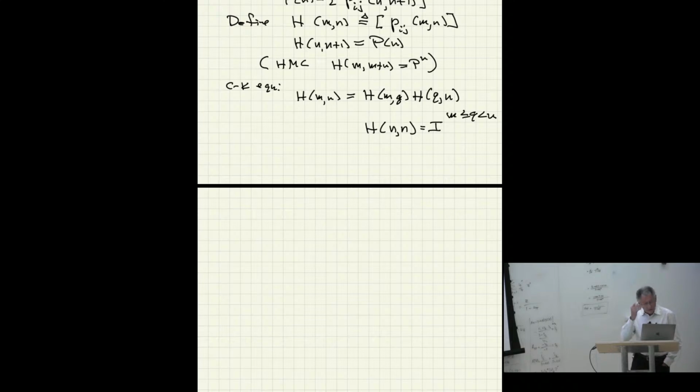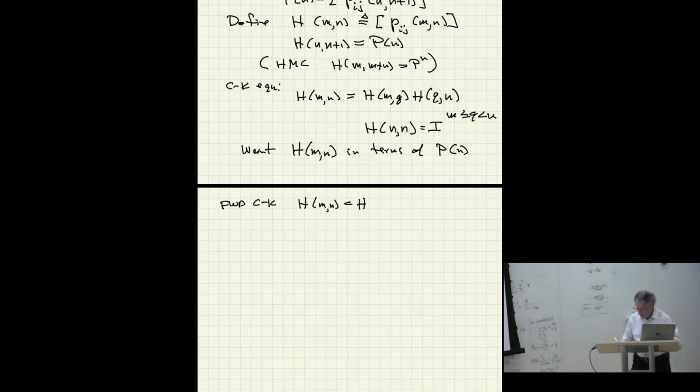Now, what we want to do, we'd like to find H, this funny guy H of m and n, in terms of P of n. If you look at the forward Chapman-Kolmogorov, you're going to find that the thing you're looking for, H of m and n, is H of m and n minus 1 times P of n minus 1.